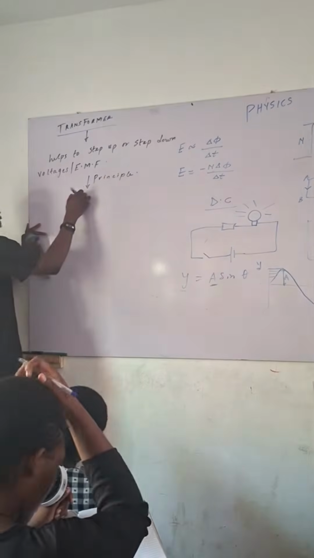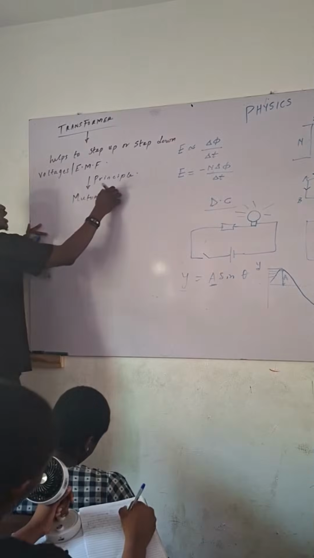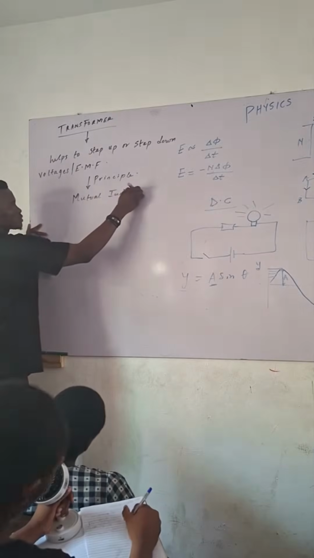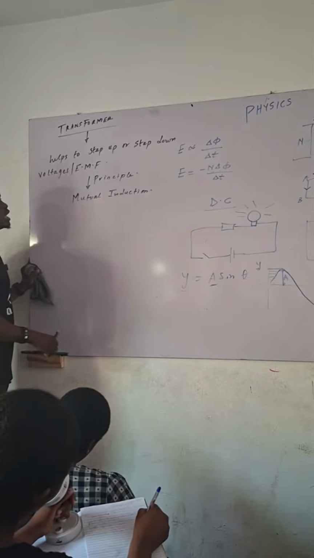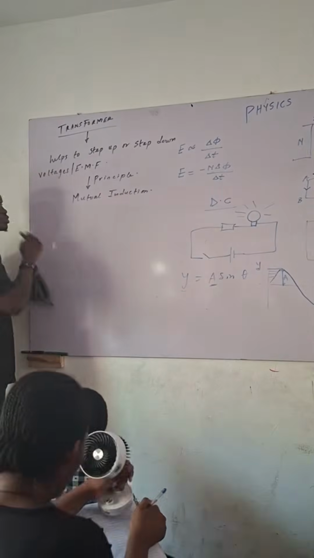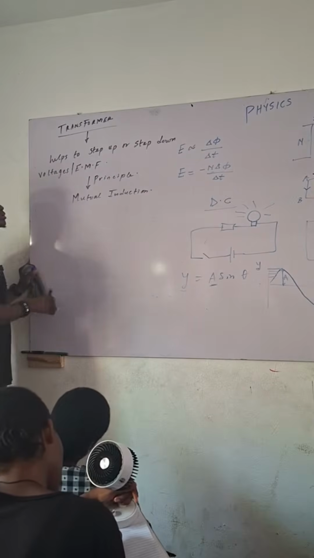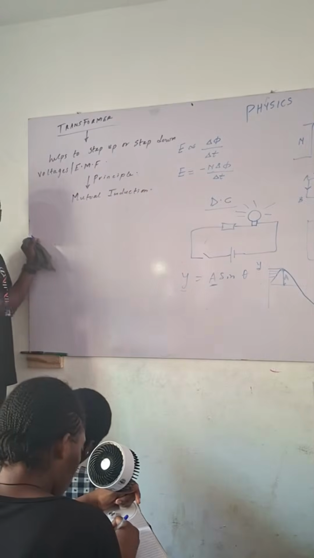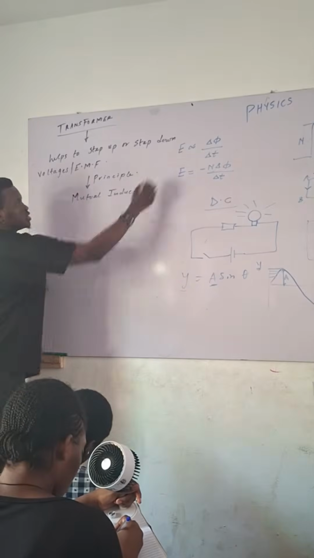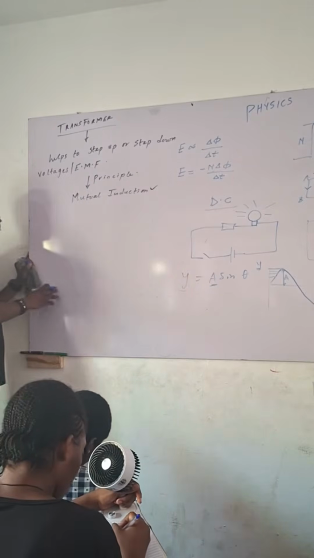It works by mutual induction. I will explain something about induction to you soon. Mutual induction, that's how it works. So they can ask you that the operating principle of a transformer is by what? It is by mutual induction. I will explain that to you soon.